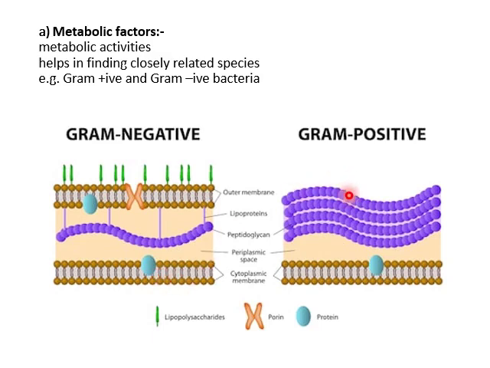But if we talk about gram-positive bacteria, there is no outer membrane or lipoprotein layer. But you can see that there is a very thick layer of peptidoglycans on the outer side of their body.